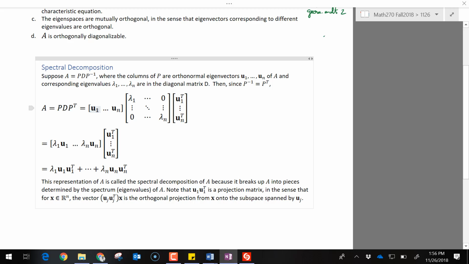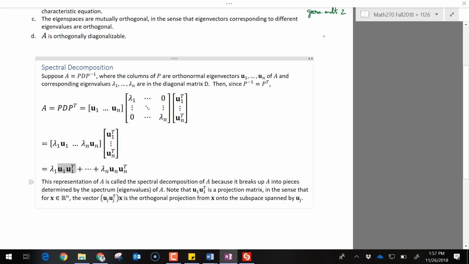And since you're multiplying with a diagonal matrix, if you do the multiplication, it's just lambda 1 times the first column, lambda 2 times the second column, etc. And when you multiply this through, you're going to get lambda times the product of those vectors.